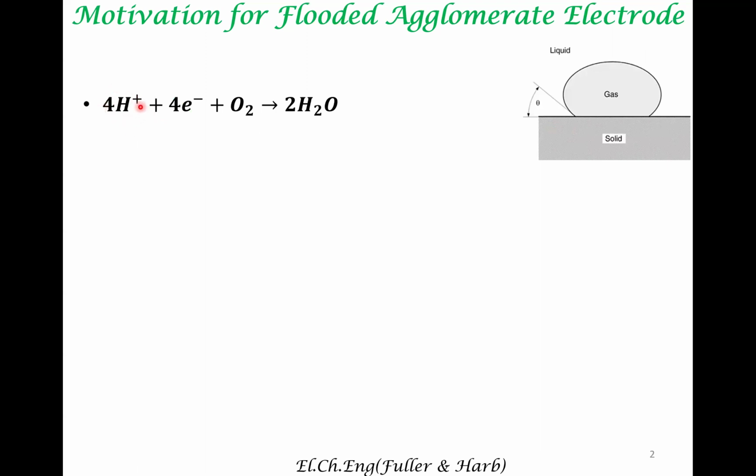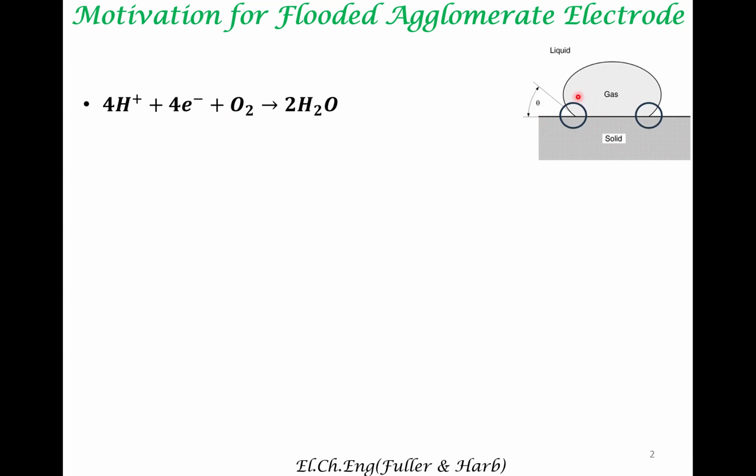A proton would exist only in a liquid media, something like this, which has to be in touch with an electronically conducting solid media. These electrons can conduct only via a solid, and a gas phase is also present. So, a prerequisite for this reaction to occur is a region where all the three phases meet.